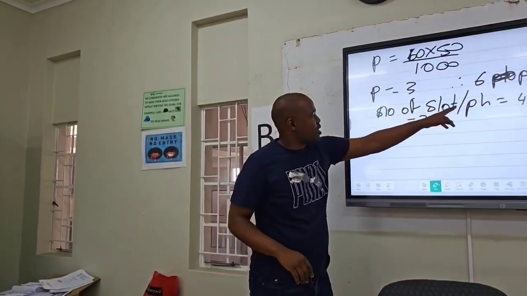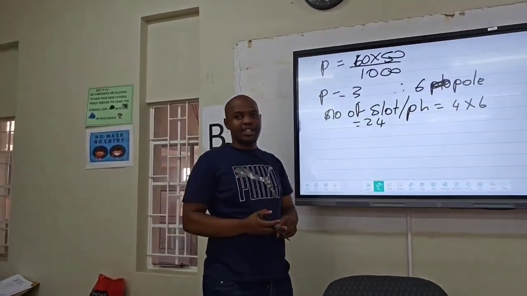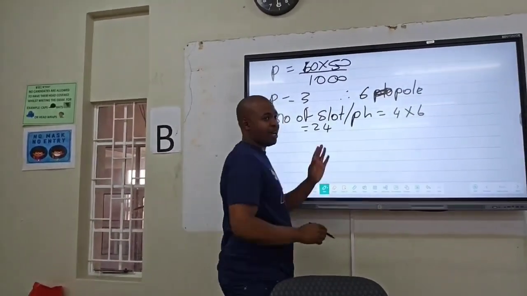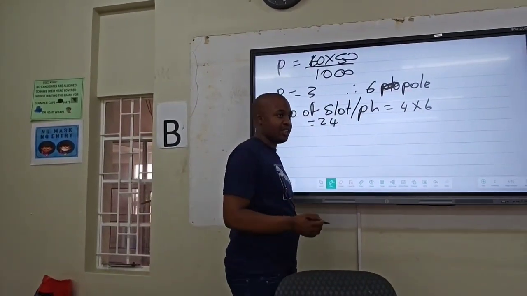Then I need to multiply by the number of phases, and then I'm left with the number of slots.